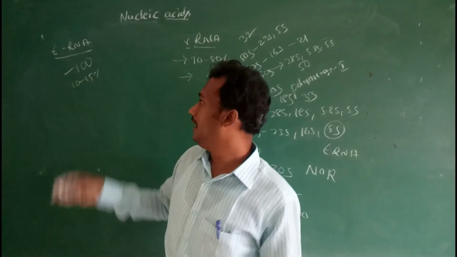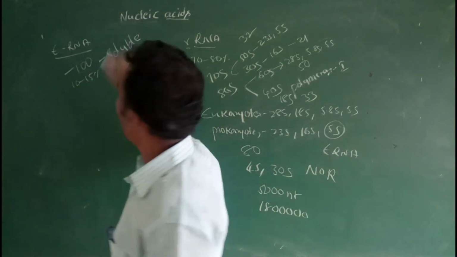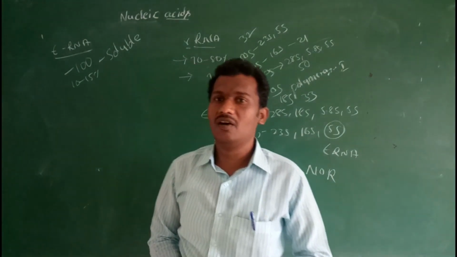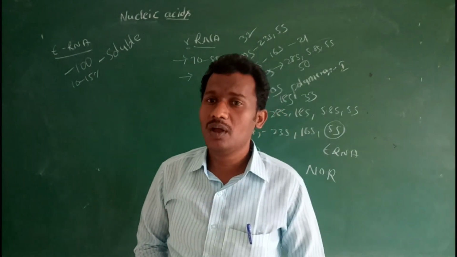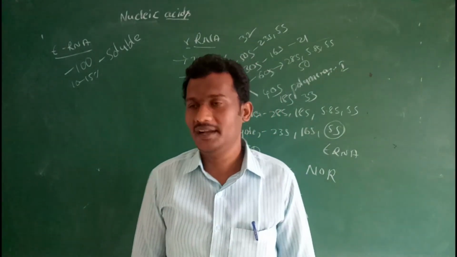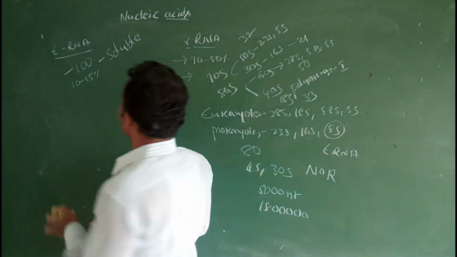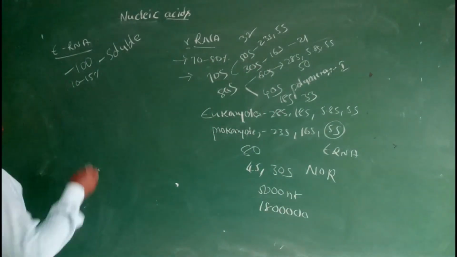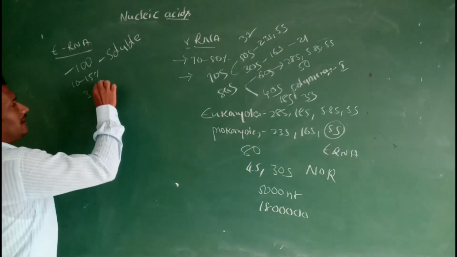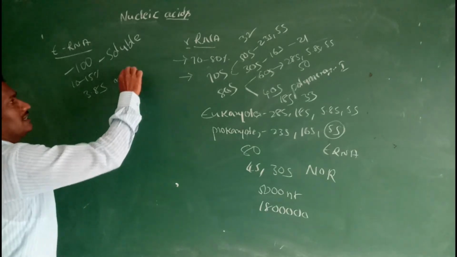Transfer RNA is also known as soluble RNA. Why? Because it is in an easily degradable condition. The tRNA sedimentation coefficient is approximately 3.8S or 4S.